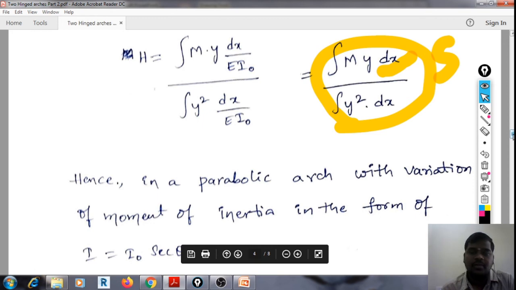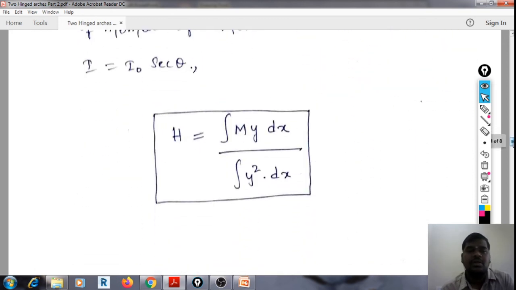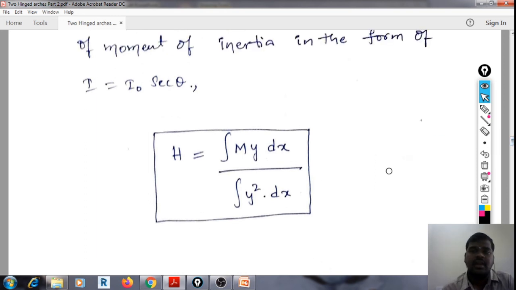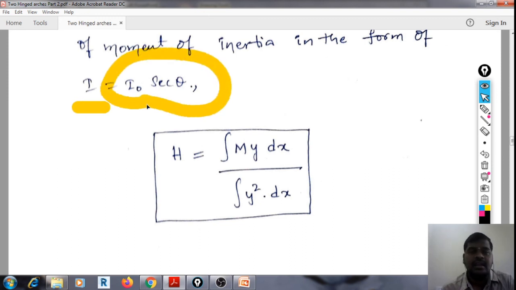Hence in a parabolic arch with variation of moment of inertia in the form of I equal to I naught secant theta, we are calculating not I but I naught secant theta. So finally we get H is equal to integral of my dx, not ds, by integral of y square dx.